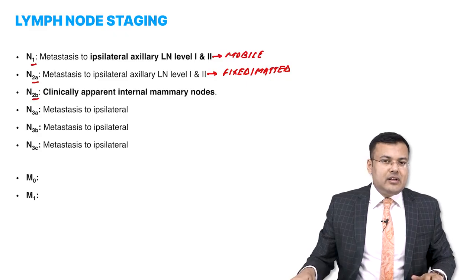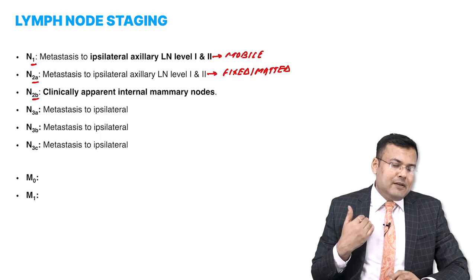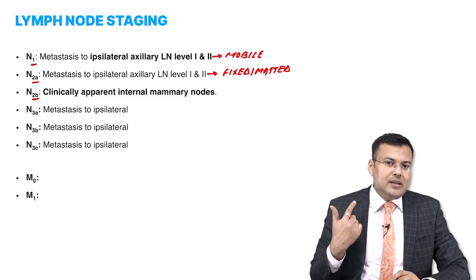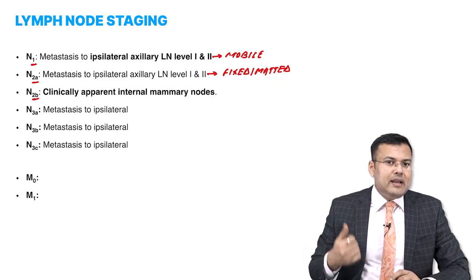After that, see N3A. There is metastasis to ipsilateral infraclavicular lymph node. N3B, whenever there is involvement of axillary and internal mammary lymph nodes.